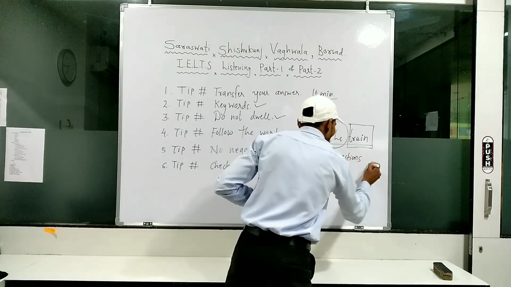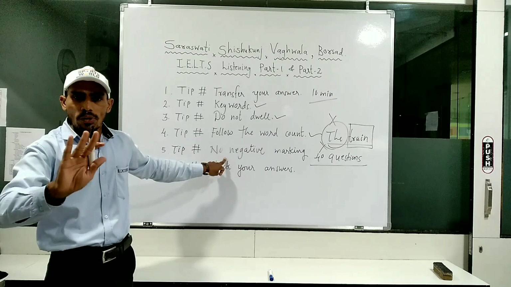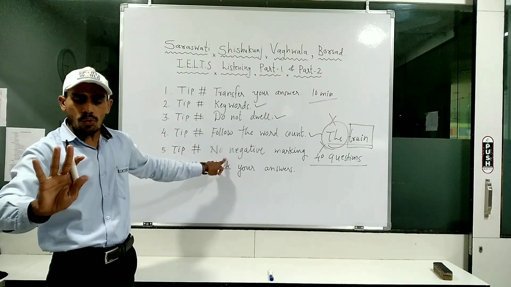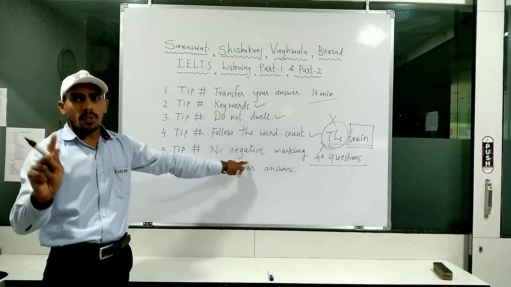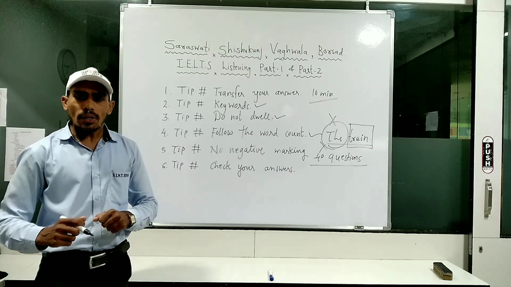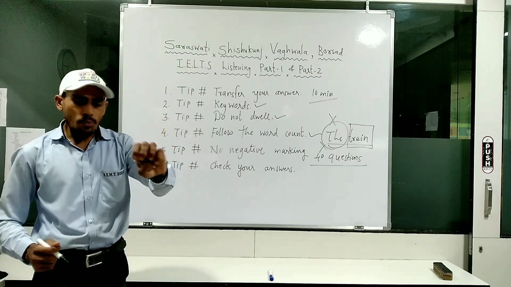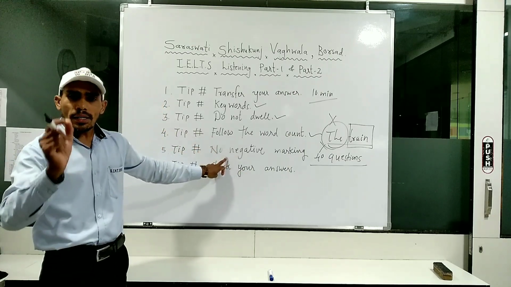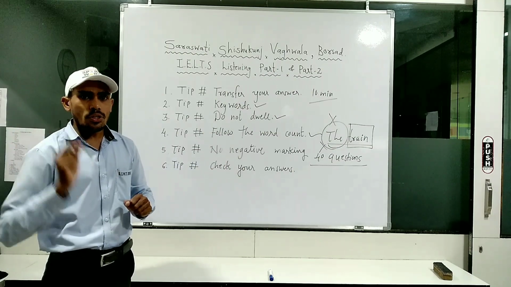questions. Students, out of 40 questions, if you have written any wrong answers, are you going to get negative marking? No. You are not going to get negative marking for your answers. So don't worry about negative marking. You can write something or the other in the answer sheet.